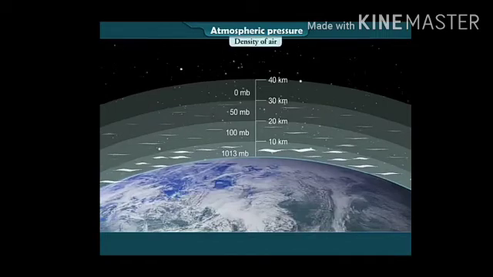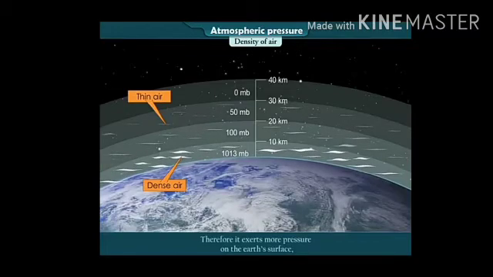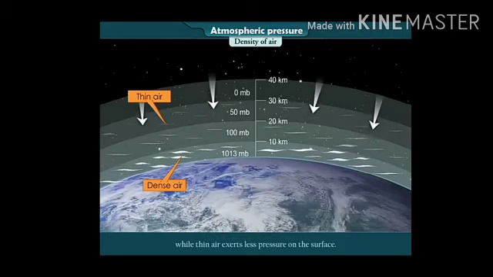3. Density of air. Dense air is heavier than thin air. Therefore, it exerts more pressure on the Earth's surface, while thin air exerts less pressure on the surface.